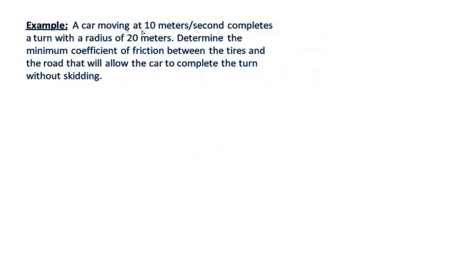A car moving at 10 meters per second, this is v, completes a turn with a radius of 20 meters, this is r. Determine the minimum coefficient of friction, this is mu, if you remember.